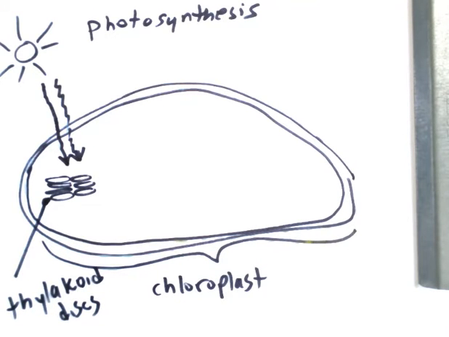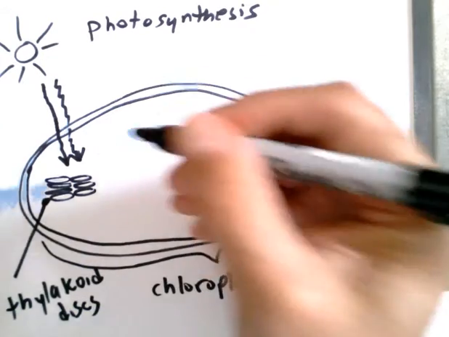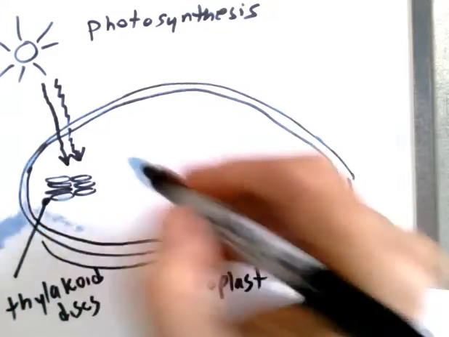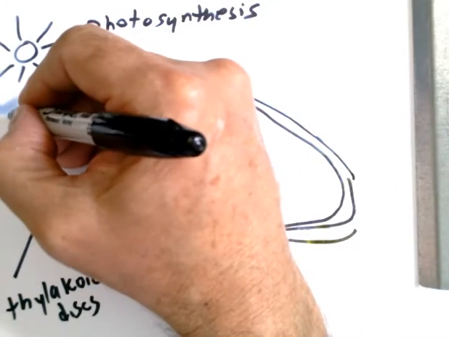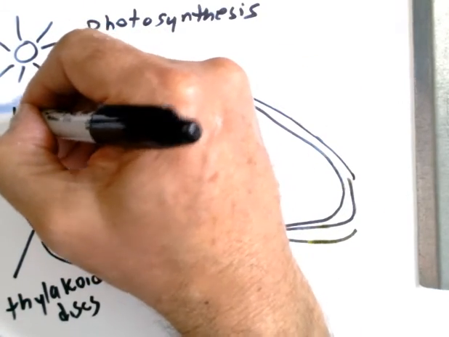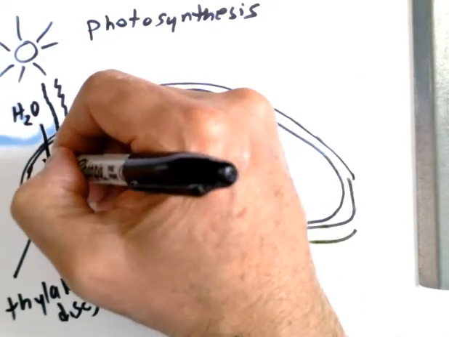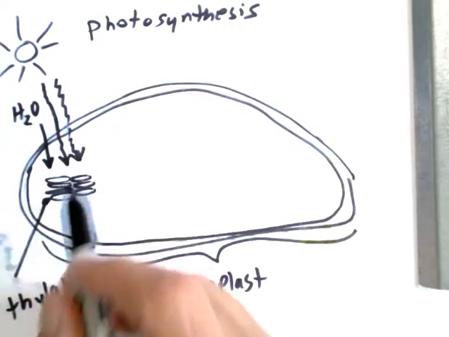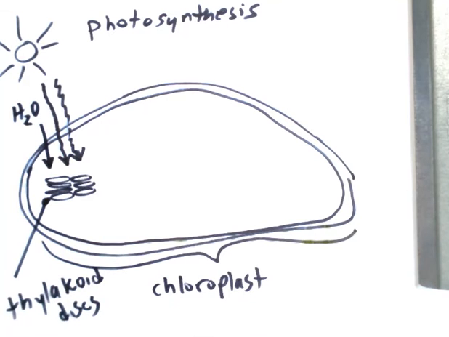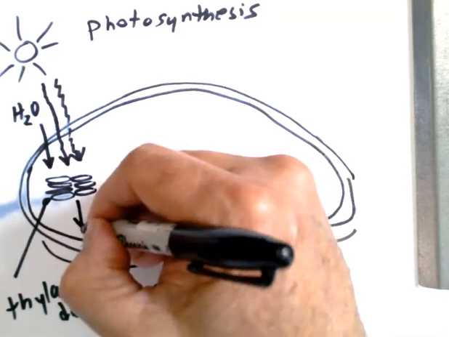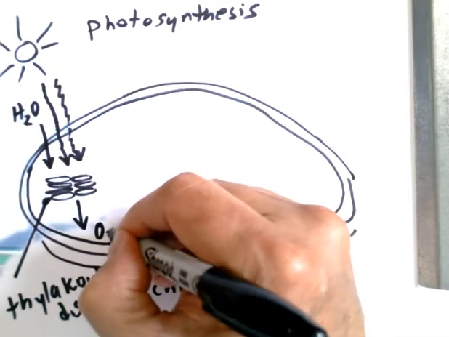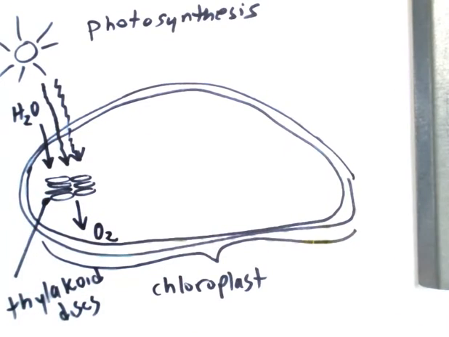Now, what I want to do is show an input and an output, and I'm running short on space, but plants need water. And that's part of this light dependent cycle side. And then they produce oxygen for us to breathe.